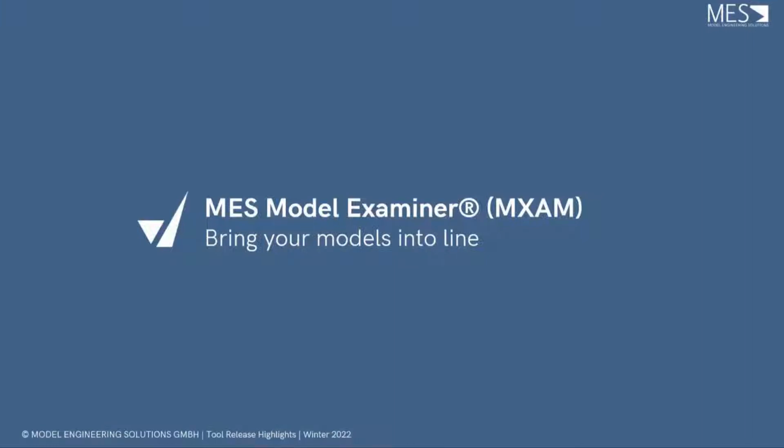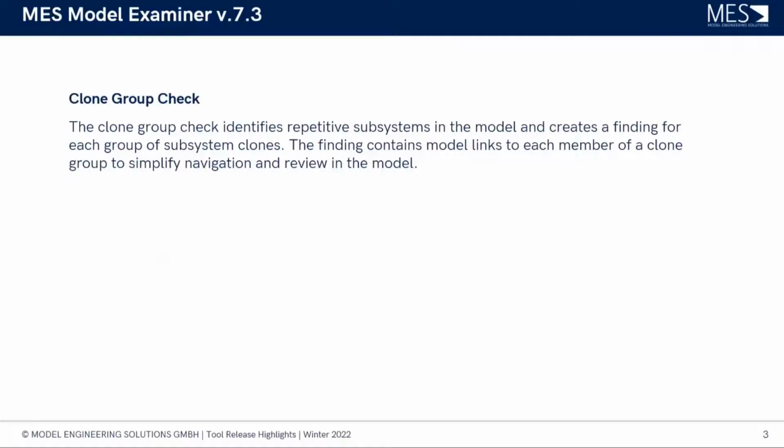The latest version is 7.3, and we have some new functionality that we would like to show you. The first one is a check to find clone groups. Clone groups you may already know from MXAM, that was a tool for the structural analysis and model metrics, which has now been integrated into MXAM.